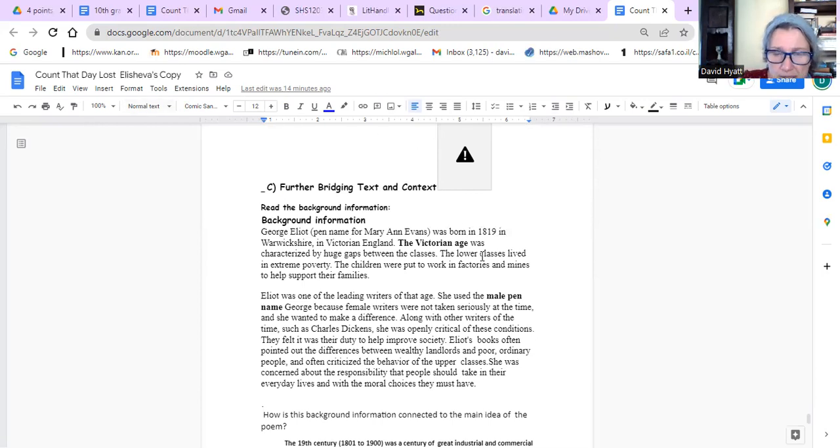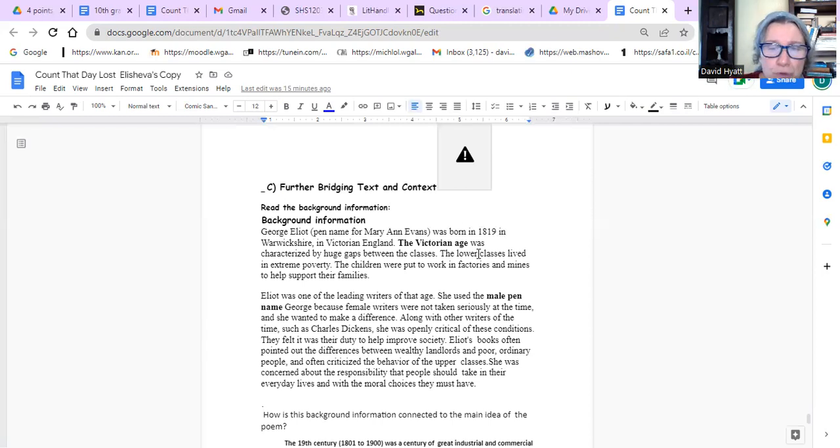The lower classes, המעמד הנמוך, lived in extreme poverty. היה חי בתנאי חיים של עניות נוראית, extreme poverty.